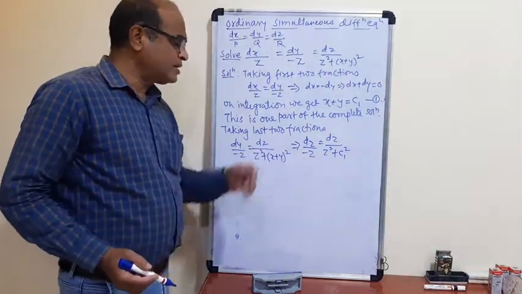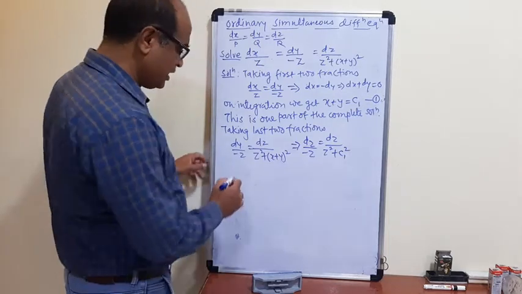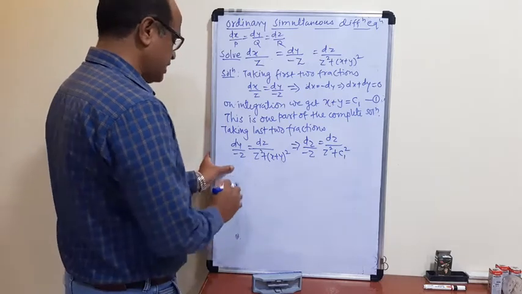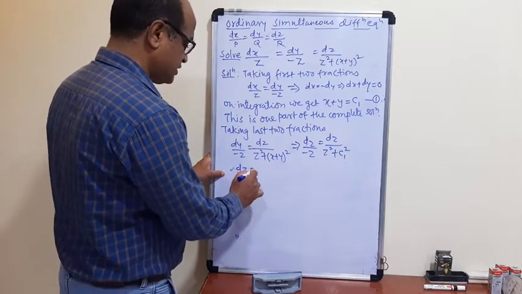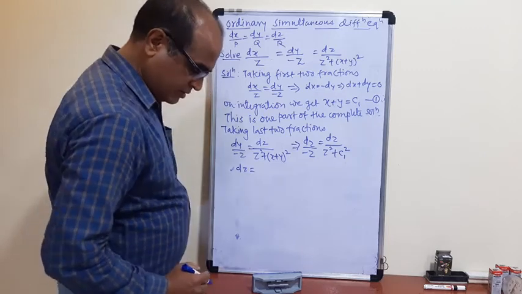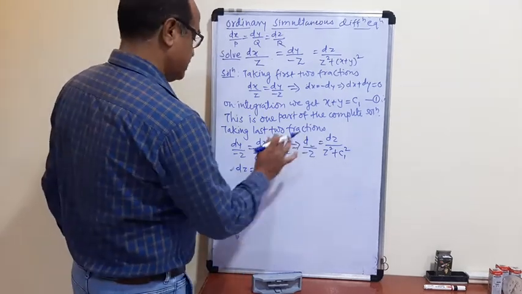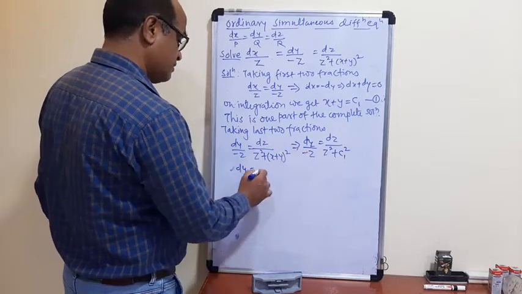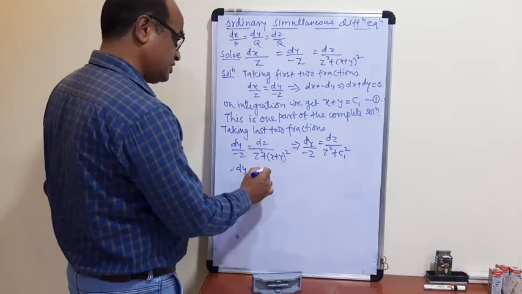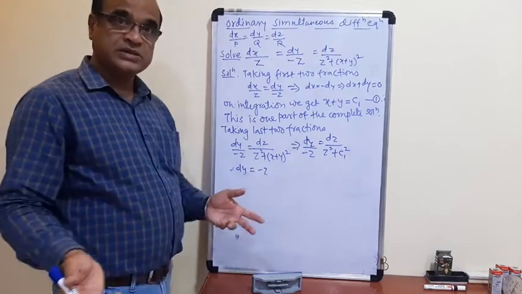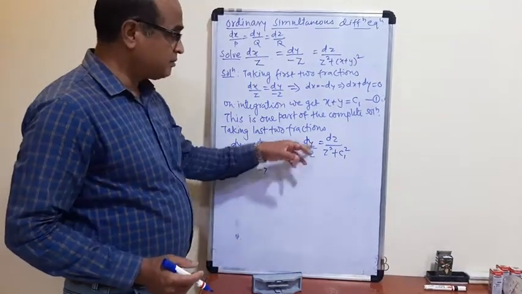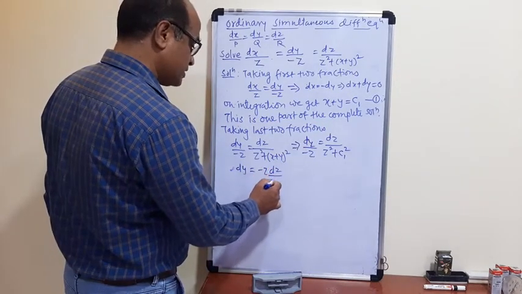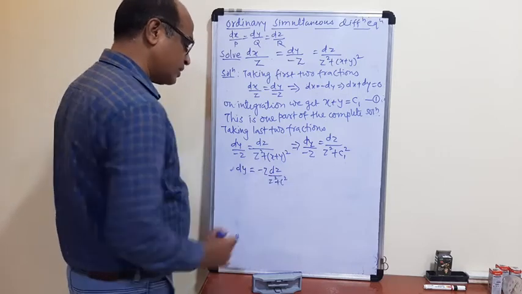So we write this equation in the form dy is equal to minus z dz upon z square plus c1 square. We separate the variables here.